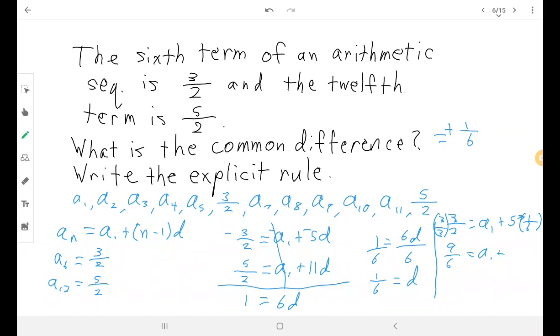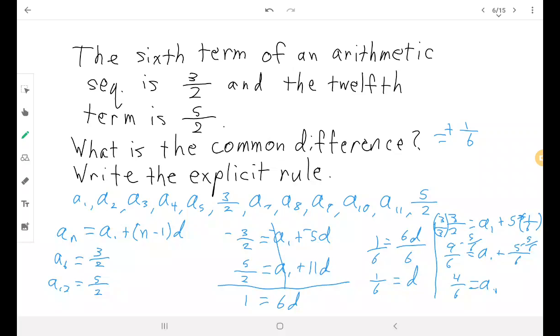So it's 5 times 1 and then over 6, which is 5 over 6. And then I will subtract the 5 over 6 on both sides. And 9/6 minus 5/6, you keep the common denominator and subtract the top. So 9 minus 5 is 4 over 6 equals a sub 1.